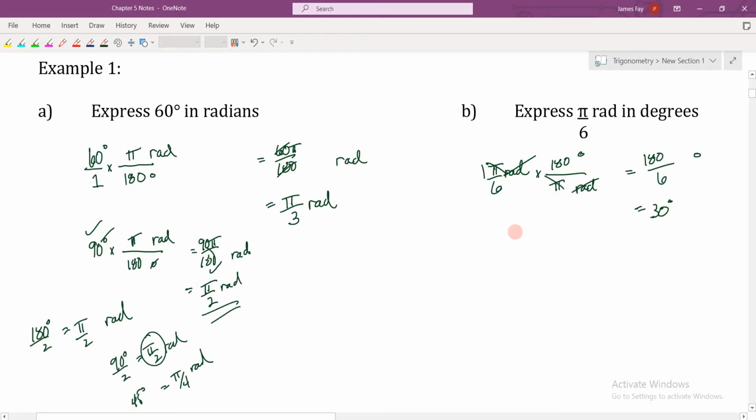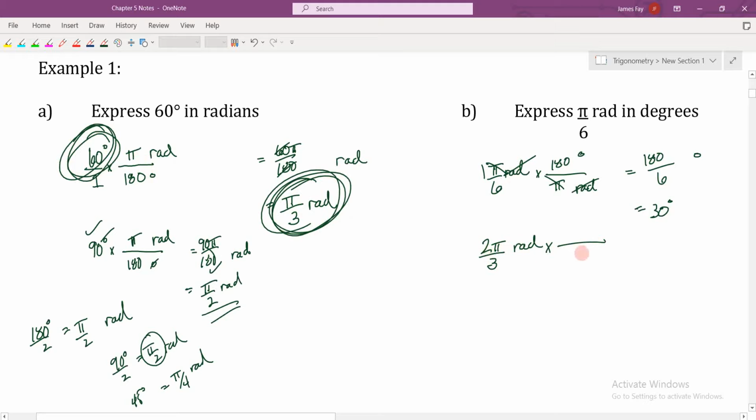Next one, let's do 2 pi over 3 radians. Now just think about this. We already did pi over 3 radians with 60 degrees. Well, if I double this to get 2 pi over 3, then double that, I should get 120. So let's see if this conversion factor gets me 120. Radians up top, so radians got to be on the bottom.